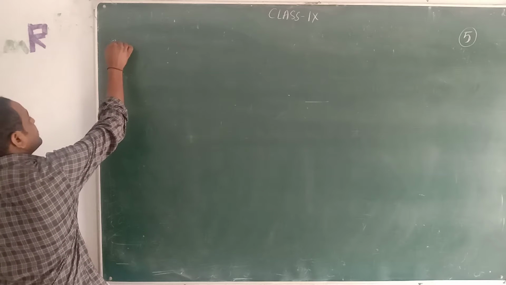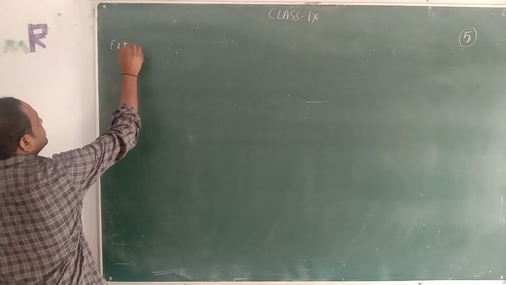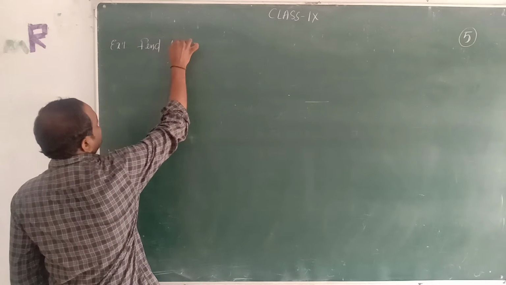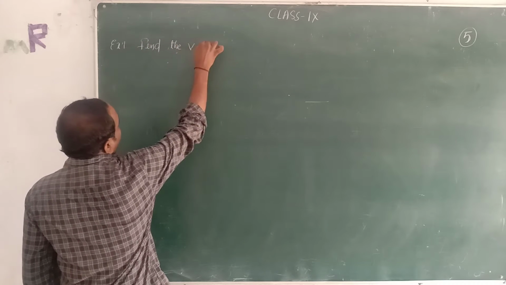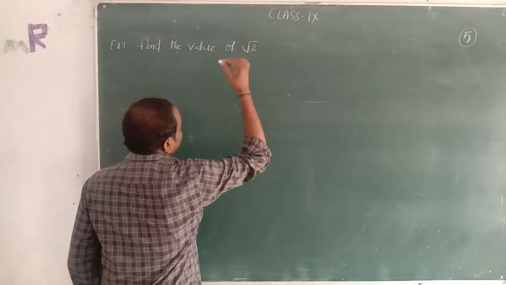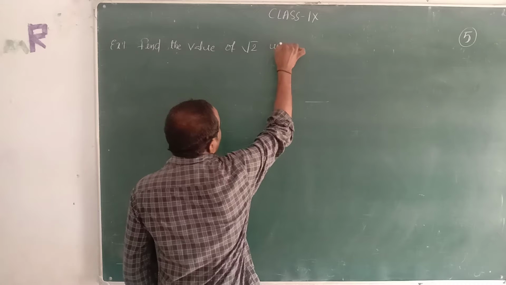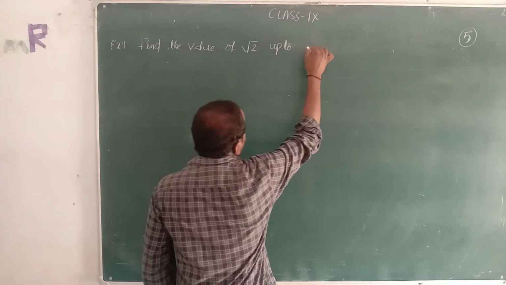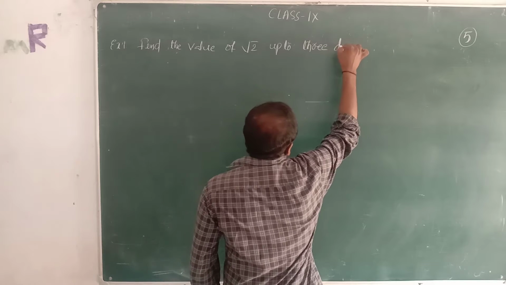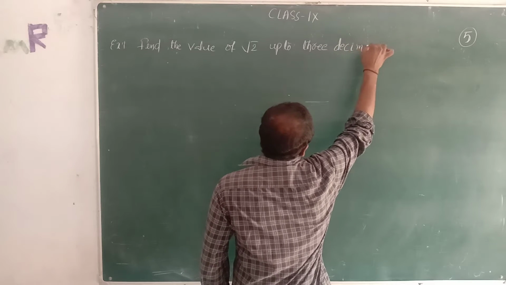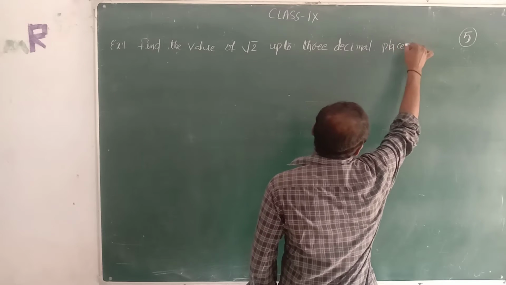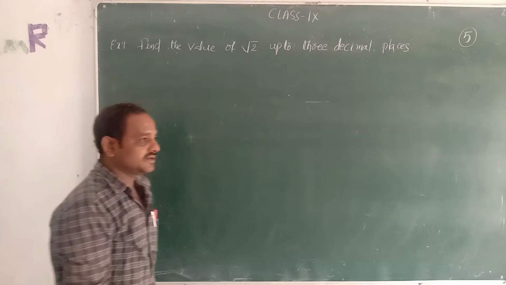So the example problem is: find the value of root 2 up to 3 decimal places.